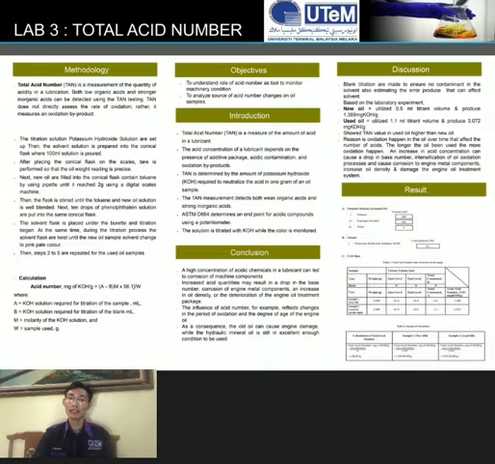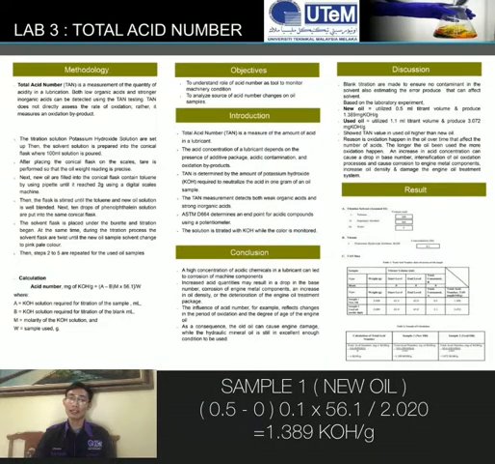So for sample 1, the total acid number is 0.5, which is the total consumed A, minus total consumed B, which is 0, times concentration, which is 0.1, times 56.1 and divide by 2.020, and we get 1.389.